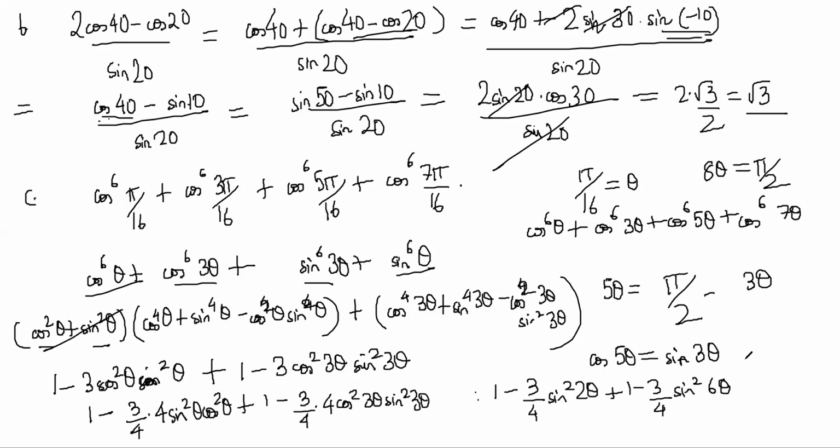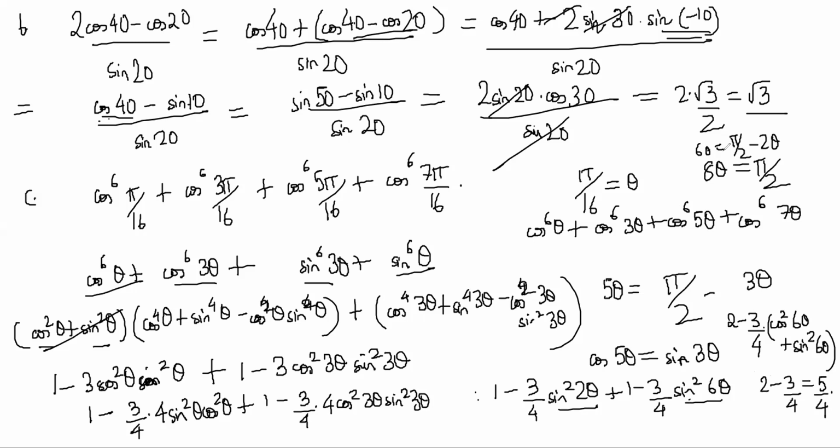So 2 minus 3 by 4 common, sin square 2 theta plus sin square 6 theta. 6 theta is pi by 2 minus 2 theta, so sin 6 theta is cos 2 theta.